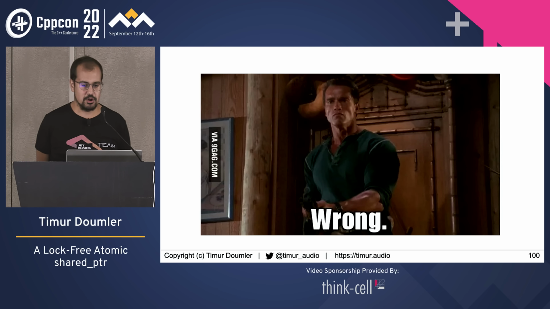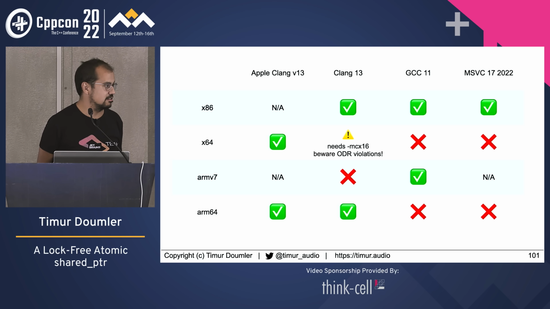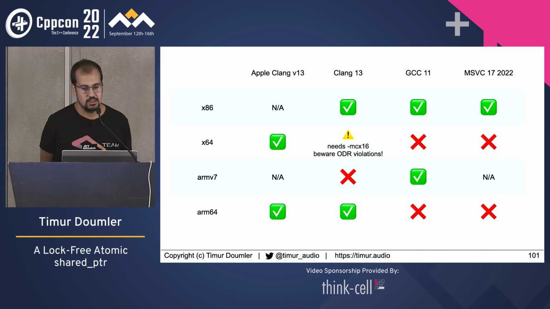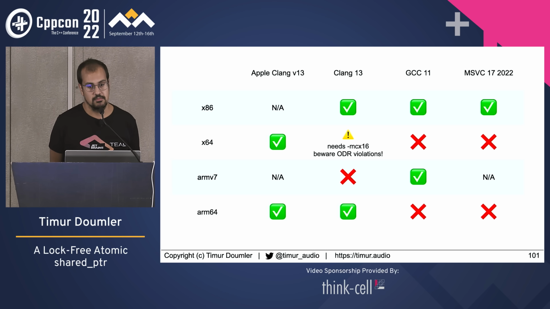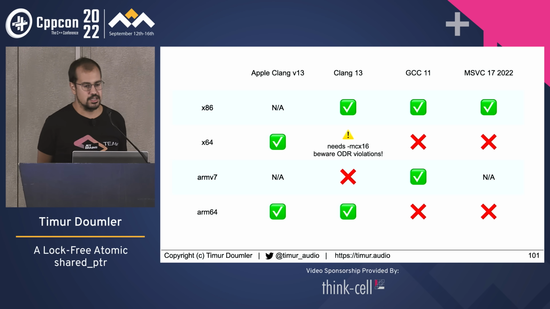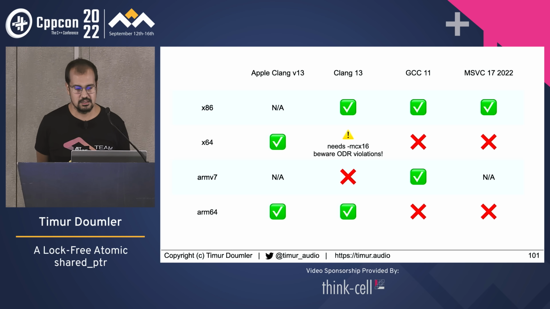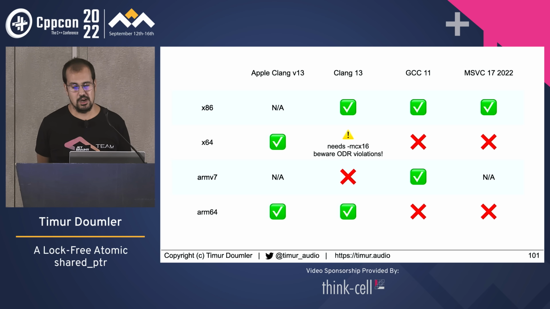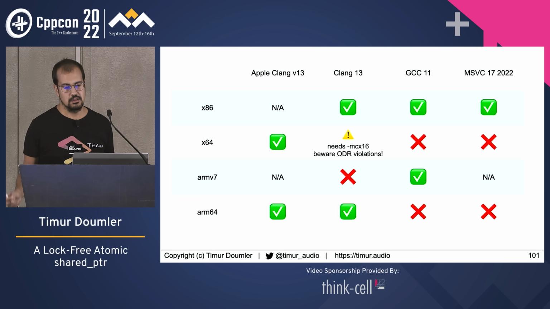And again, you can read my blog post, it's a bit of a long topic, but basically the summary is the standard libraries typically don't support it because of ABI. So especially on the two platforms that we really care about for modern phones and computers, 64-bit Intel and 64-bit ARM, neither GCC nor Microsoft std::atomic emits that instruction.